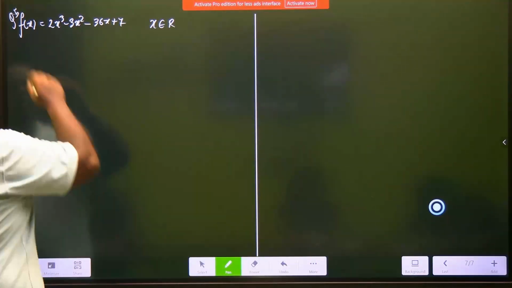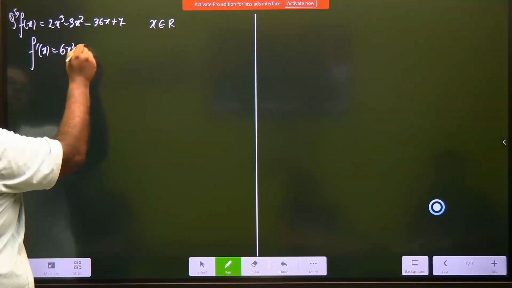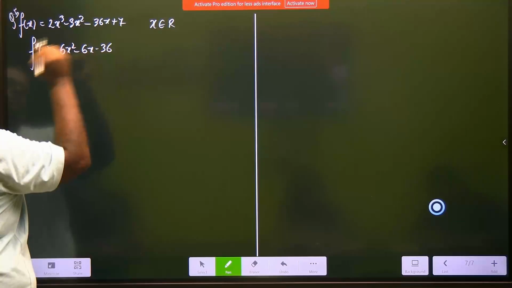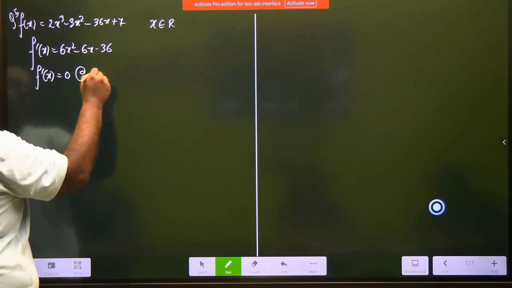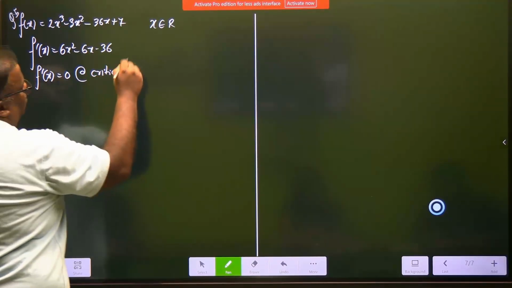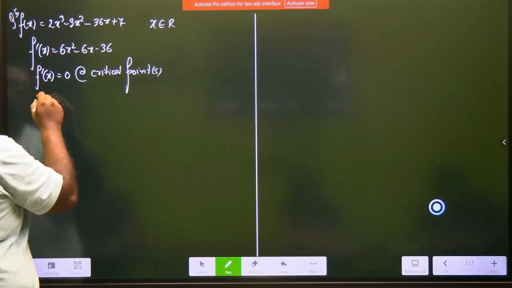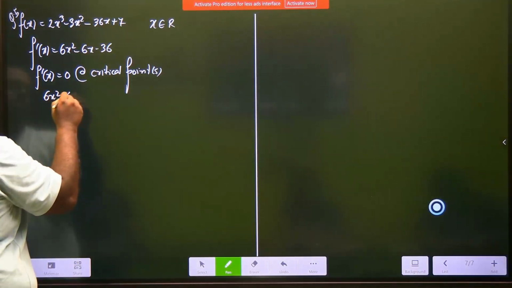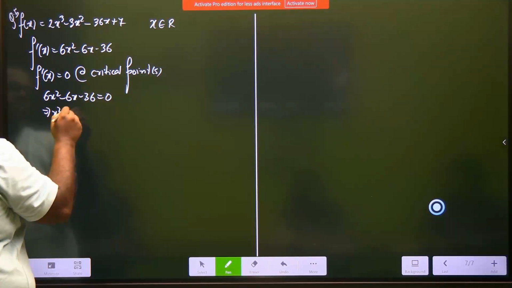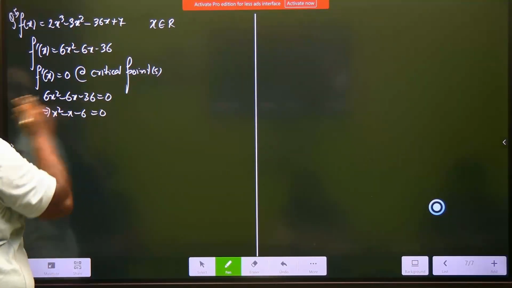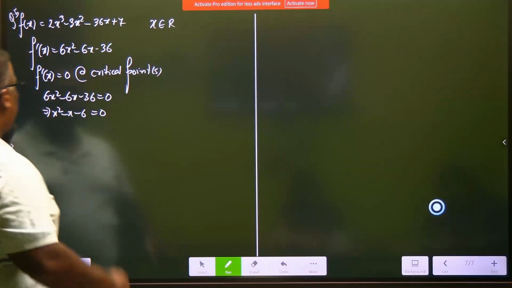So let's start. F dash x is equal to 6x square minus 6x minus 36. At critical points you will say f dash x equal to 0, which means 6x square minus 6x minus 36 is equal to 0, or x square minus x minus 6 is equal to 0. Clear? 3 and 2 makes it 6.